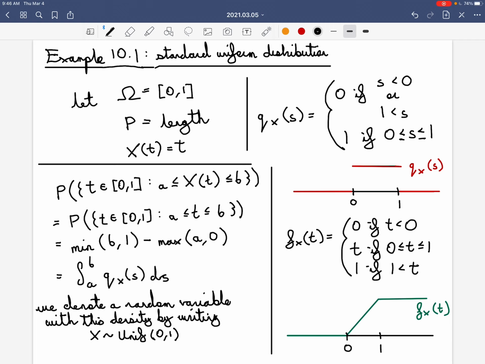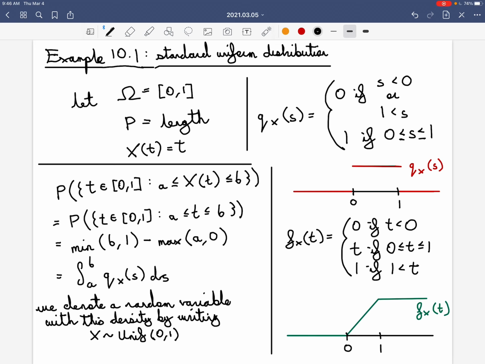And so, you can see this cumulative distribution function. We're picking a random real number between 0 and 1, and the chance it's less than 0 is nothing.